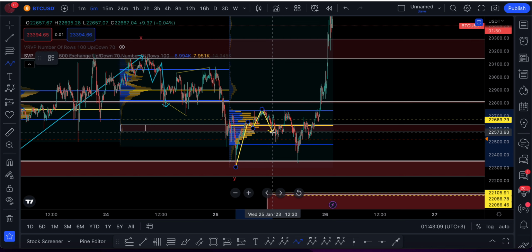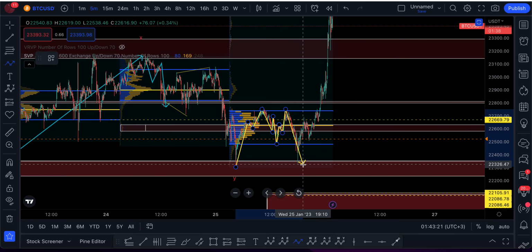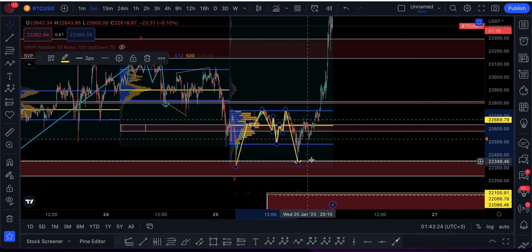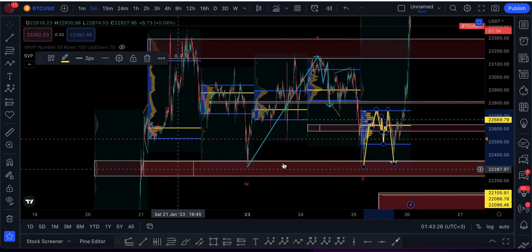So we bounced off that, tested the POC, came back, tested the value area low, bounced off POC, and we're just ranging in this area until again we went down to tap into that support, right?